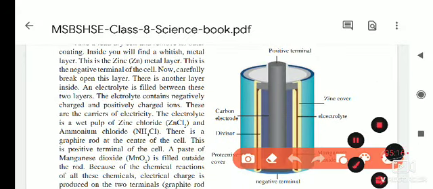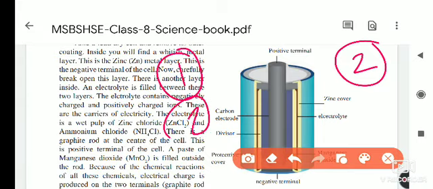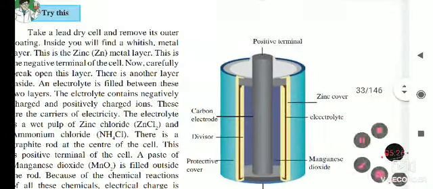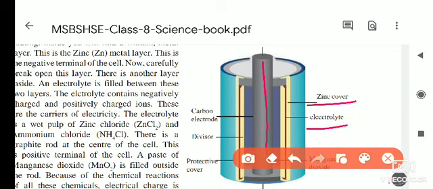If this figure carries 2 marks, then 1 mark is for the sketch of this cell and the second mark is only for the labelling. As you know, this is a carbon rod, here there is a zinc cover, electrolyte, then carbon, this is the positive terminal, this is the negative terminal. All these points you have to note.